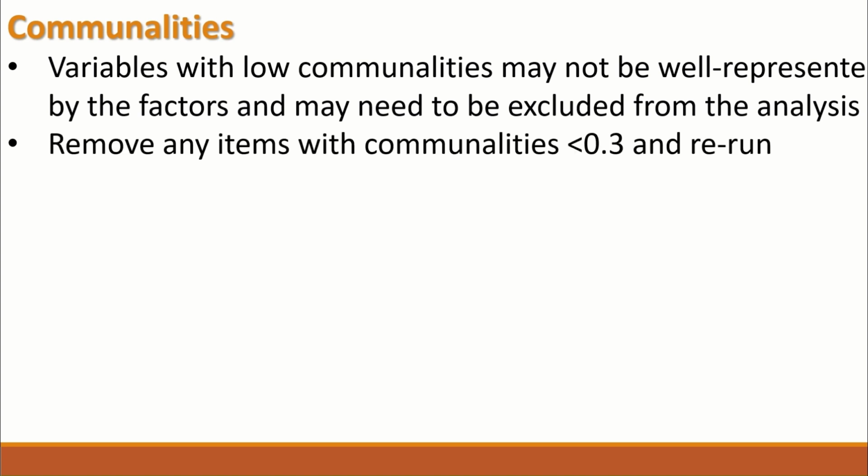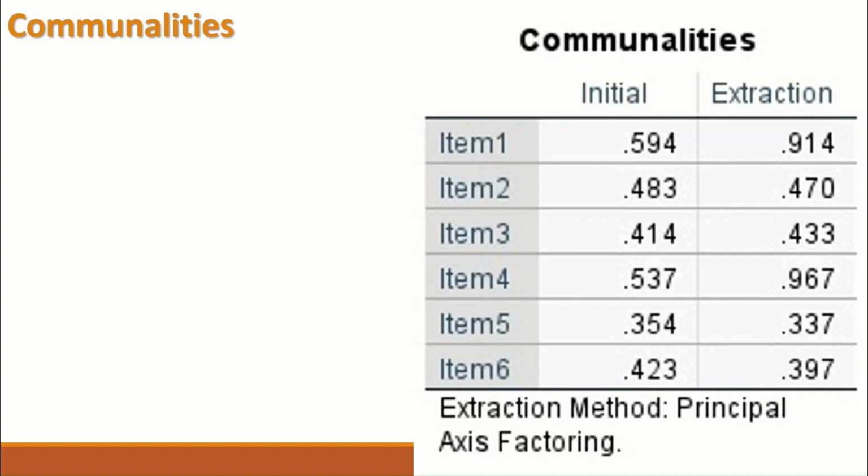So when there is a communality value of less than 0.3, then omit the item and perform the analysis again. Here, as shown, is an extract from the EFA output analysis. Communality has been calculated at the initial stage and after extraction for items 1 to 6.